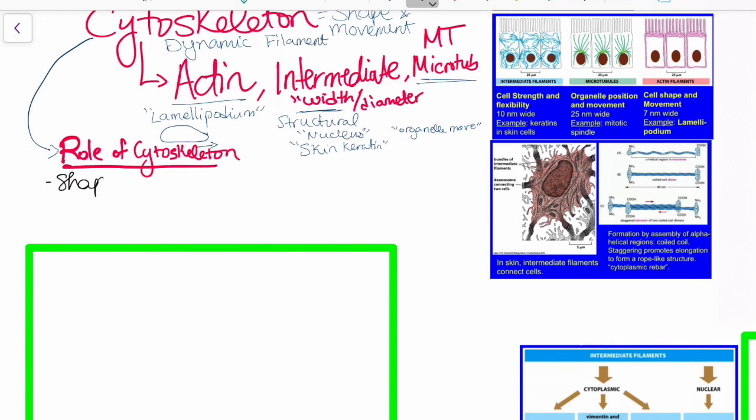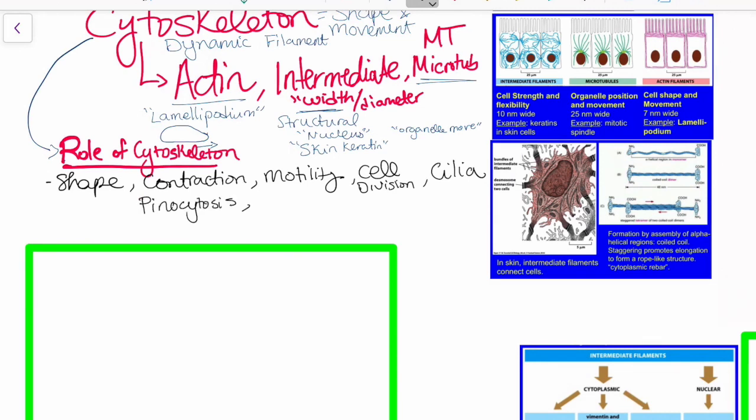We already talked about shape, the deformation or the contraction of a cell, its motility, and cell division, where we have the microtubules that pull the centrosomes or centrioles, and then we have signal transfer, the cilia, pinocytosis, chromosome segregation, and then the cell envelope template.